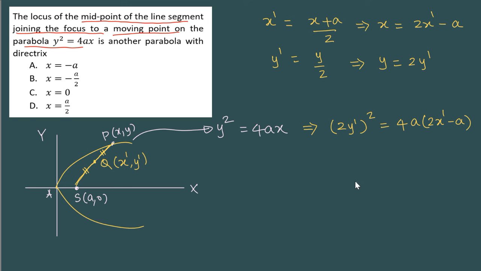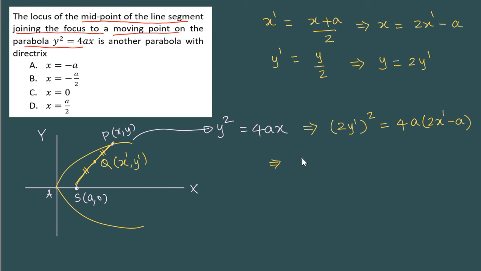So now we have an equation in terms of this different point x prime, y prime. I think we can again assume that they are x's and y's. So we have a brand new equation, and if you look at it, it is a parabola.